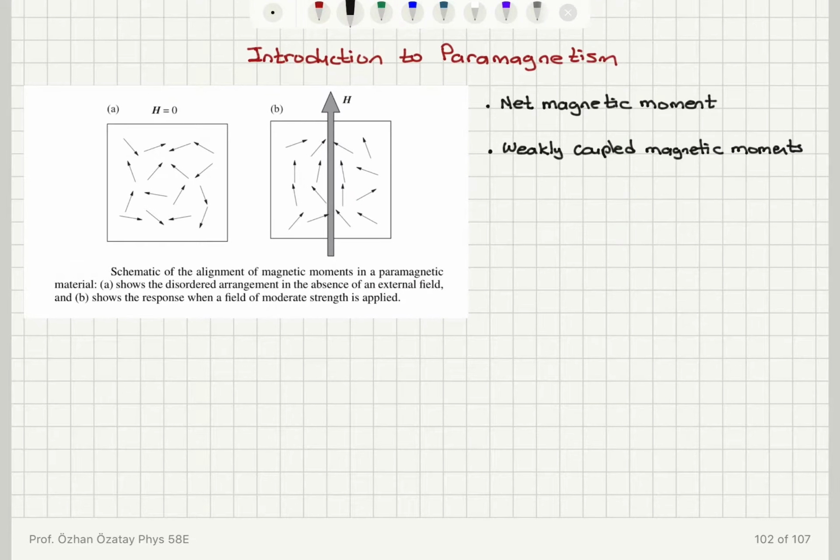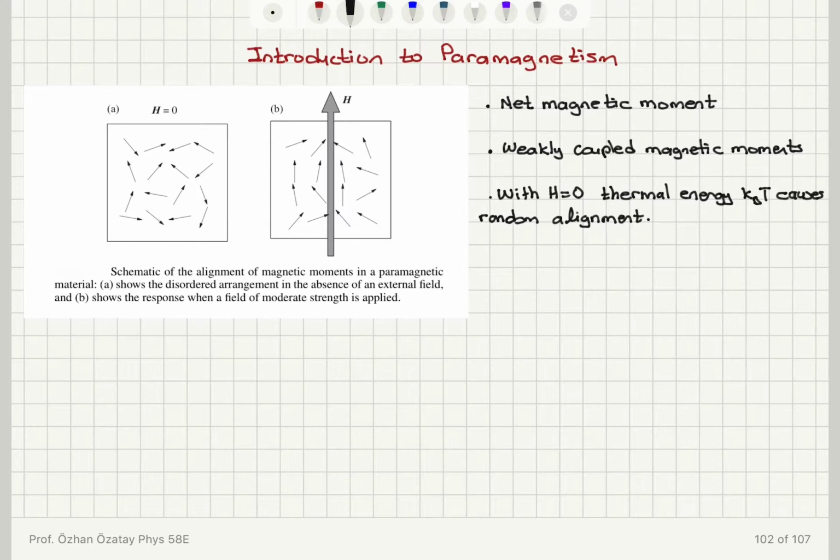So with no external field, thermal energy, kT, Boltzmann constant times temperature, causes random alignment. So the moments are randomly oriented.